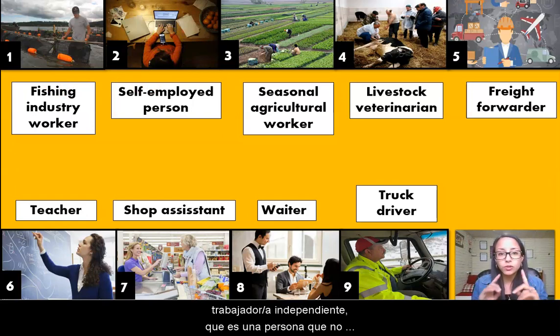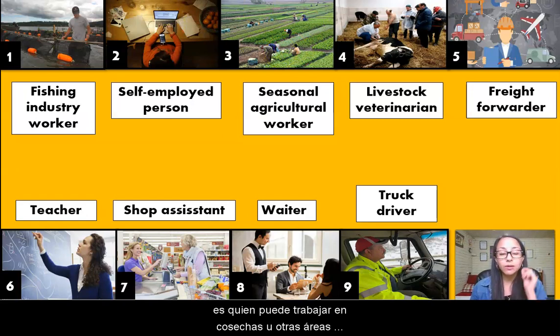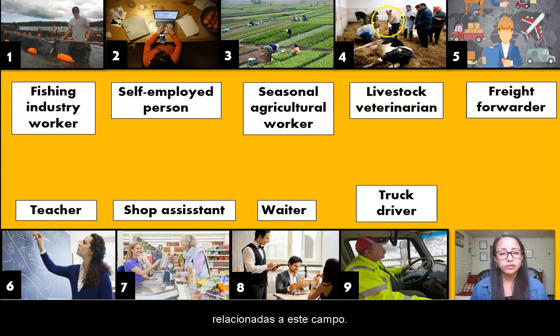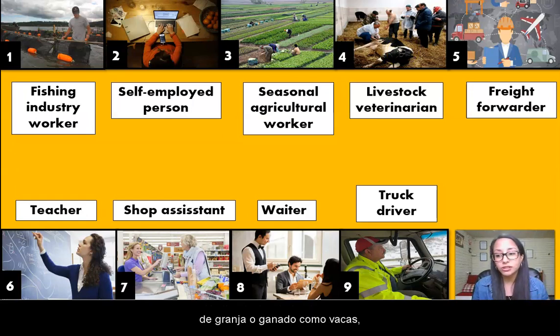It is a person who doesn't have a boss because they are their own bosses. And in the case of the seasonal agricultural worker, well, they can work in harvests or different other areas related to this field. A livestock veterinarian is a veterinarian for farm animals such as cows, pigs, sheep, etc.